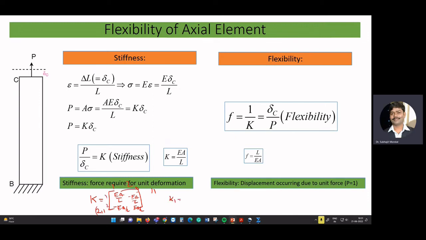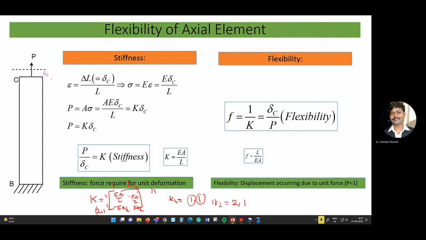So K11 was the force required at 1 due to the displacement at 1, and K21 is the force developing at 2 due to unit displacement at 1.